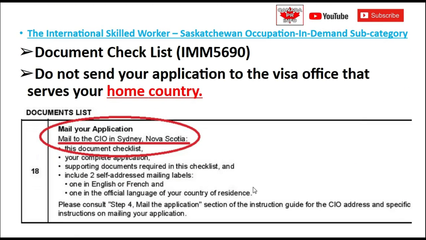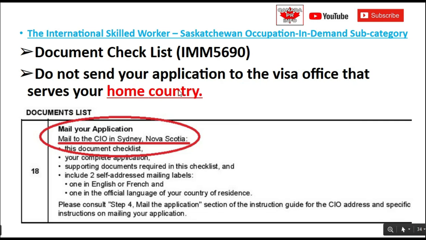Okay, so now you are ready to send all the documents along with the acknowledgement of receipt for the payment of fees and biometrics. You need to mail your application to the CIO Sydney, Nova Scotia, Canada. Do not send your application to the local visa office, meaning the visa office of your home country.